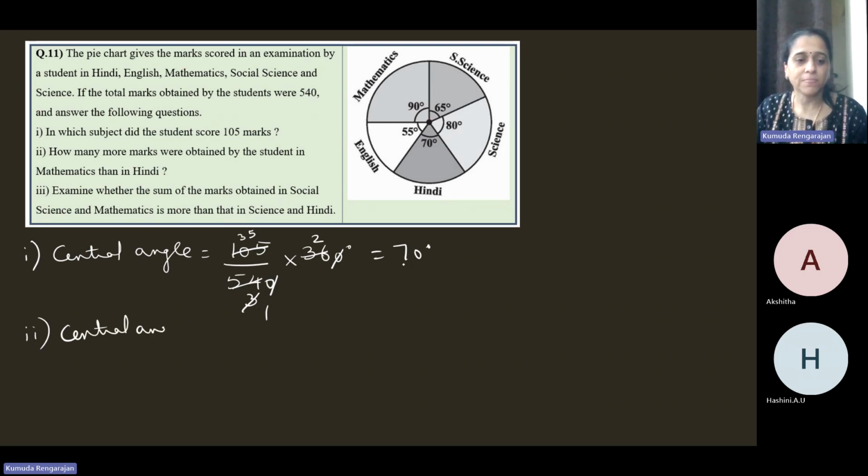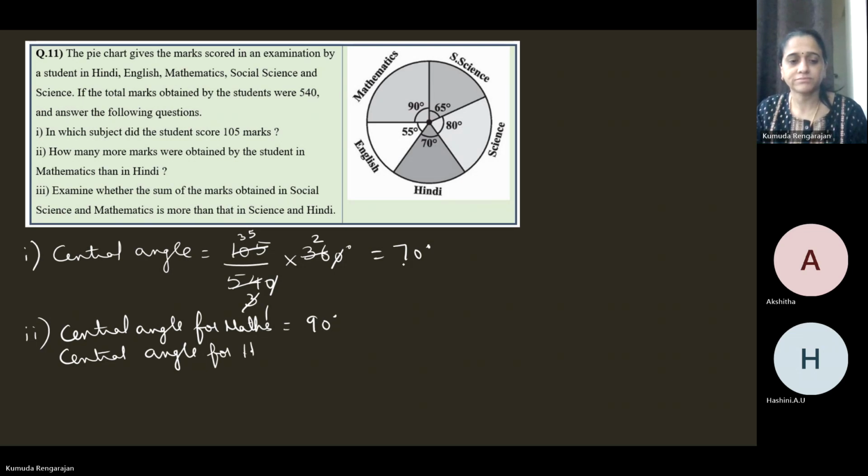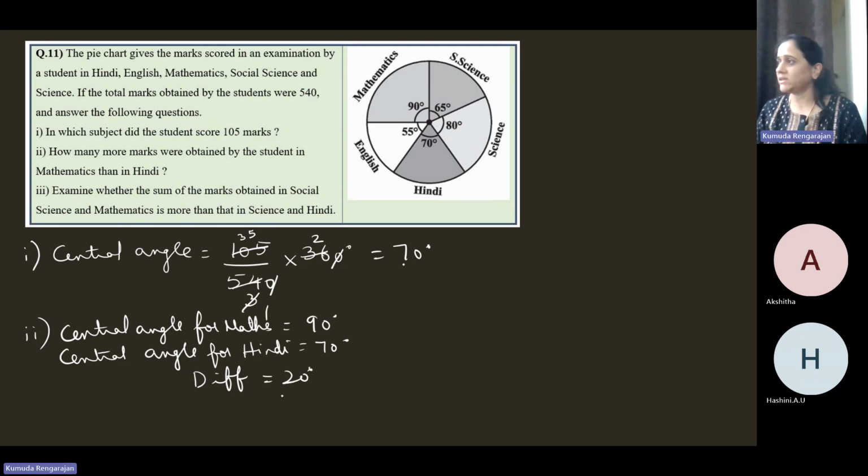Central angle for maths is 90 degrees. Central angle for Hindi is 70 degrees. What is the difference? 20 degrees. So the central angle is more by 20 degrees. Now you have to find marks.